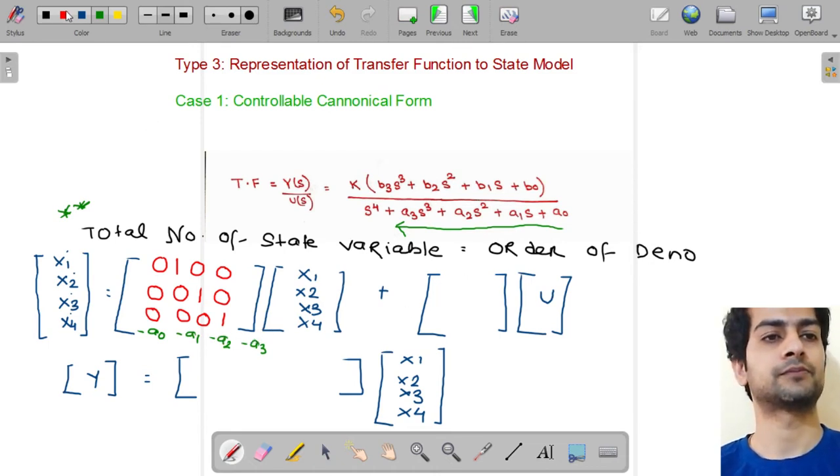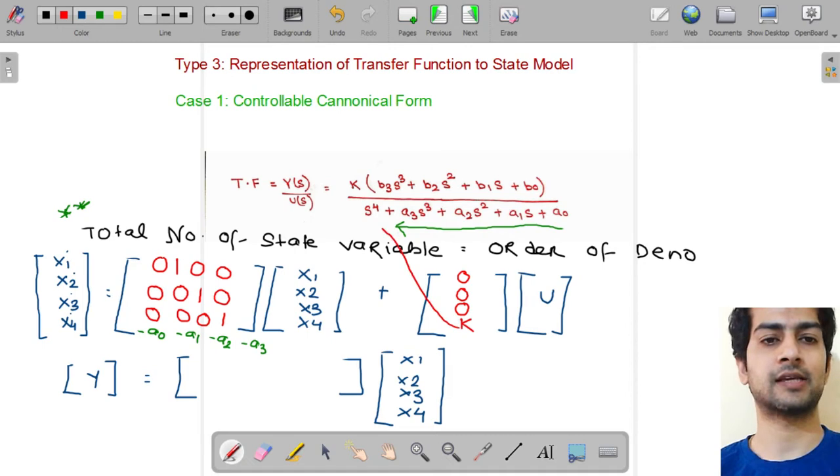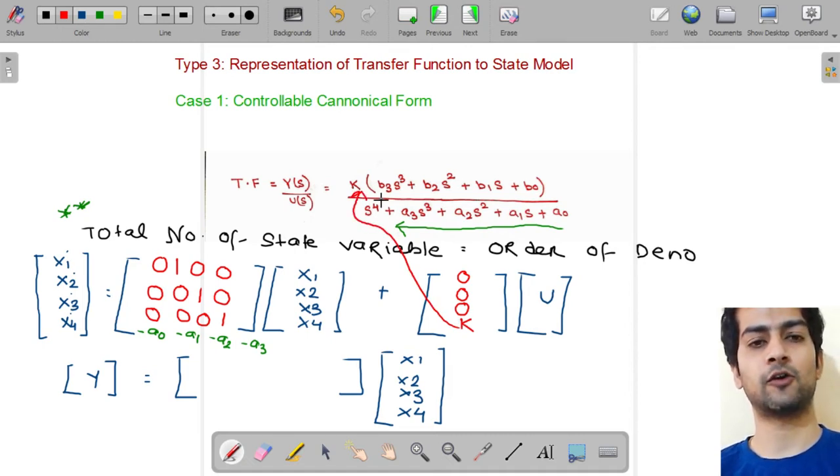Now coming to matrix B. Here put all terms 0 except the term in the last row, and here we will write k. This k is the gain of the transfer function. So for matrix B, all rows will be zeros except the last one, and here we will take the gain of the transfer function.